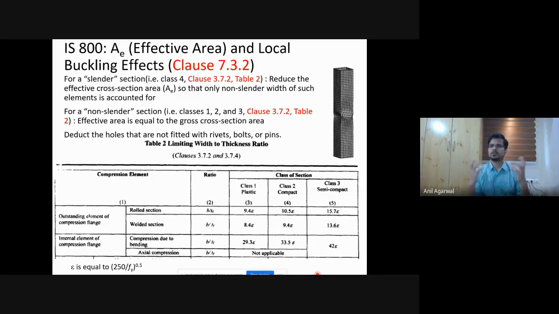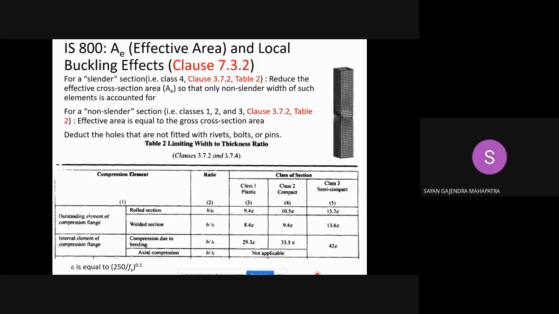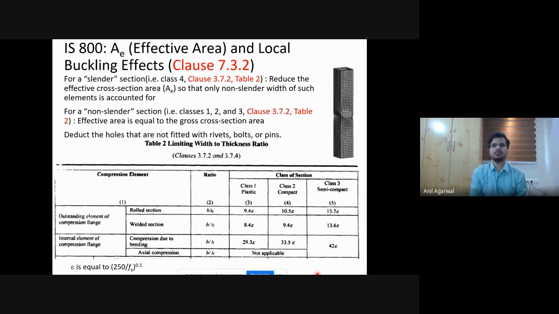No. The same cross section, same E value, right? As you increase the strength of steel, its E value does not change. Agreed? Elastic modulus cannot be increased by increasing the Fy value.